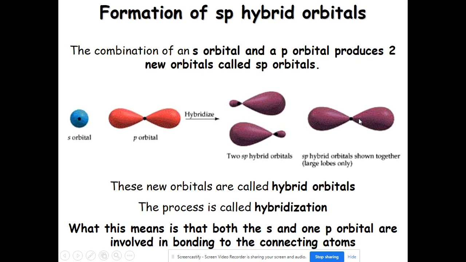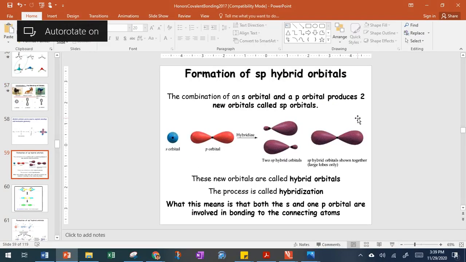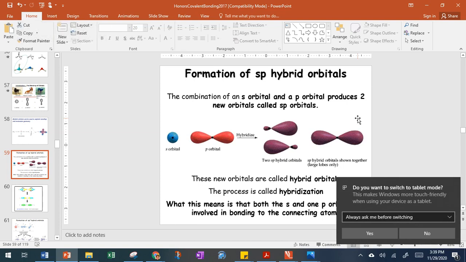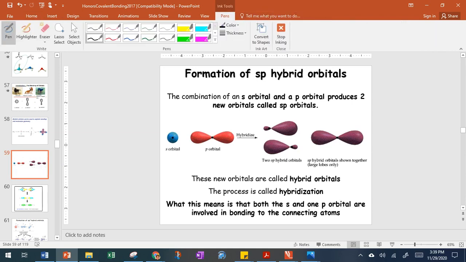In that 180 degree angle that we see with some of our molecules. So on this slide, I actually want to show you guys kind of how this is occurring, just to make it very clear to you what's happening here. So what we actually see happening here is, and I'm going to draw this onto the slide, that we have two hybrid orbitals here.